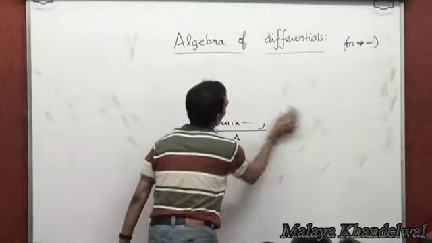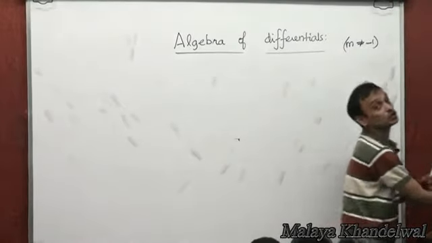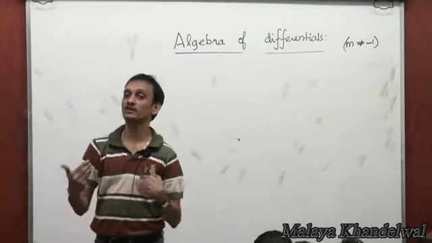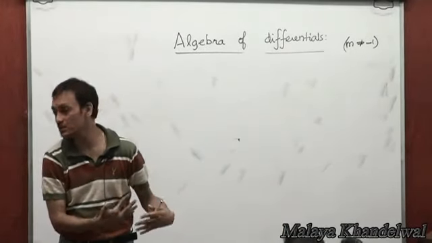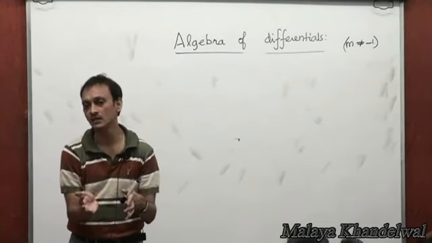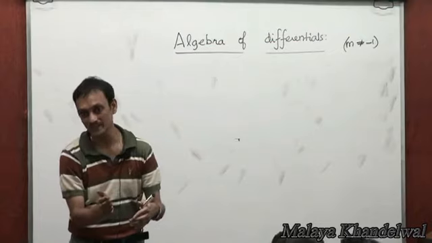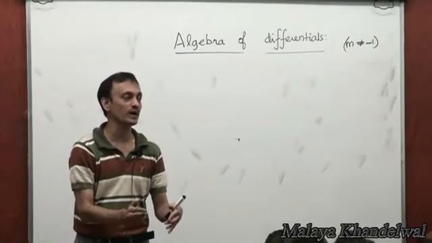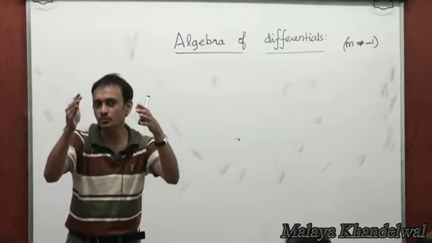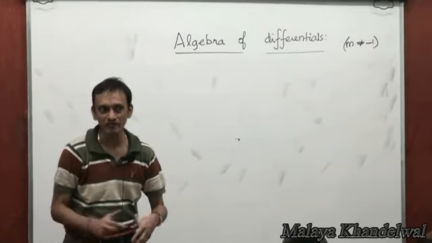So we've explored cases where m is not equal to minus 1. How can we leave out the possibility of m being equal to minus 1? So let's try and design the case for m equal to minus 1. So when m is equal to minus 1, f x to power m would become 1 by f x.